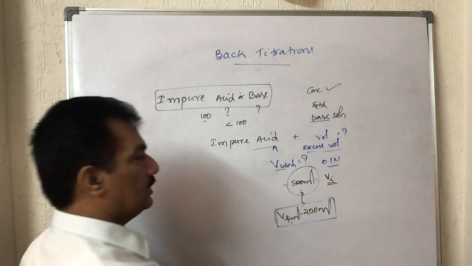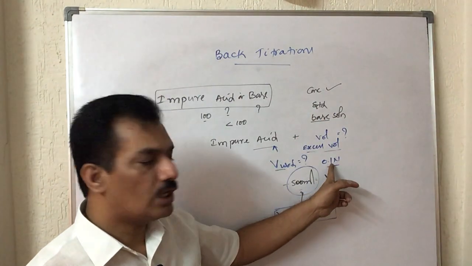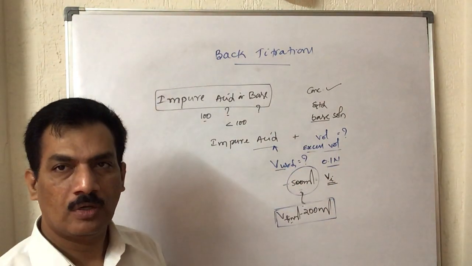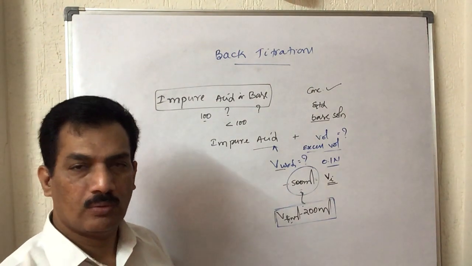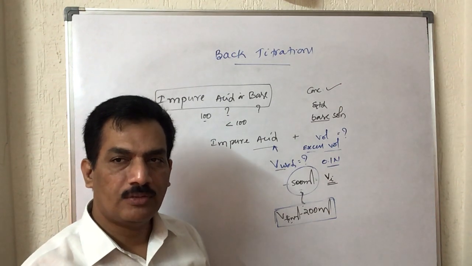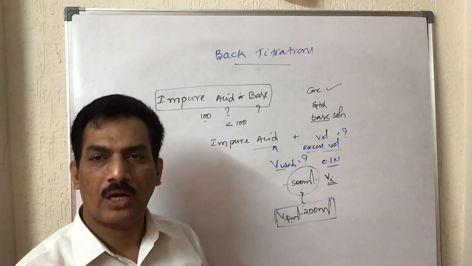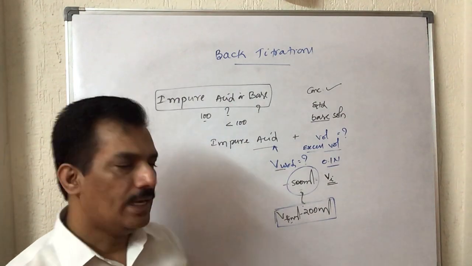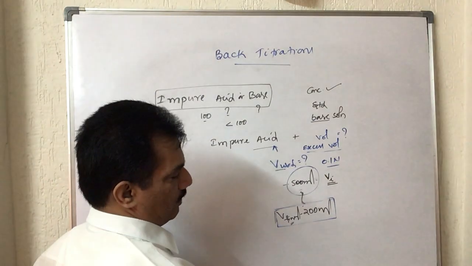That is the logic. Again, it is a standard solution. We know the concentration of this solution and we are taking excess volume to neutralize the acid present in the unknown impure acid solution, and some part of this excess volume of base is used up to neutralize completely all the acid present in the impure acid solution. Then we are finding the final volume. How to find this final volume?